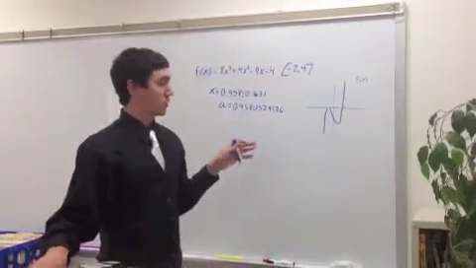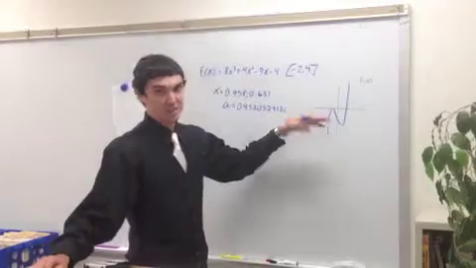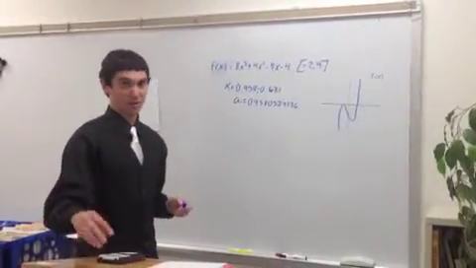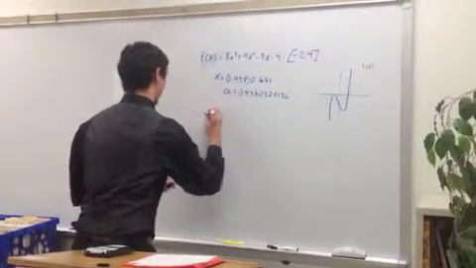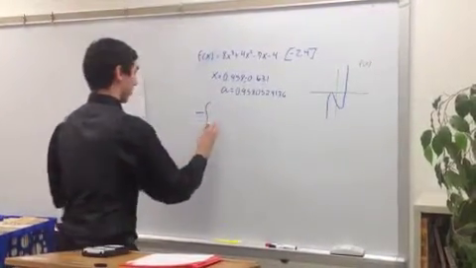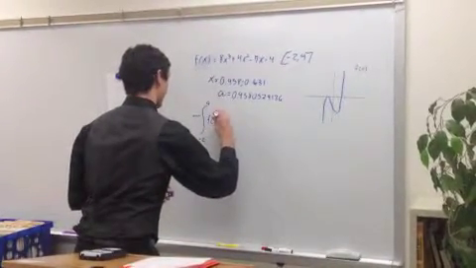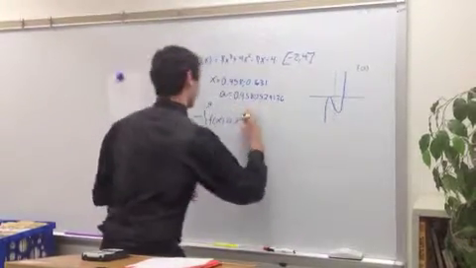So since distance is the absolute value, any value that's below the x-axis, any value that's negative, we need to put a negative sign in front of the integral to make it positive. So we have negative integral from -2 to a of our function f of x with respect to x, and then we can add it to the rest of the interval.